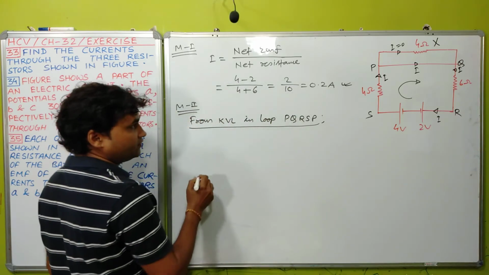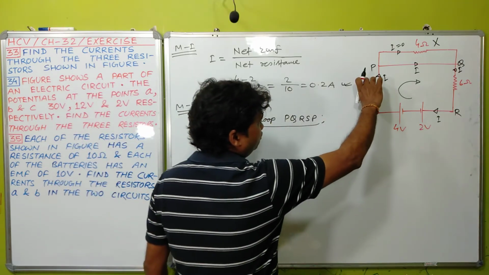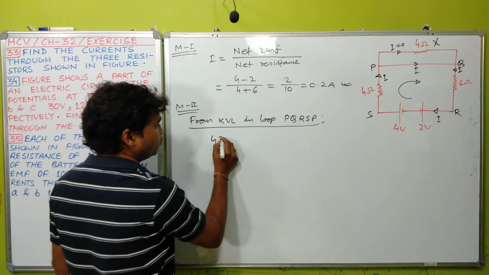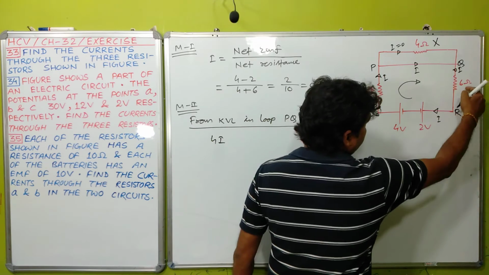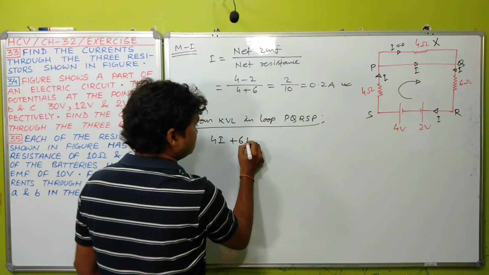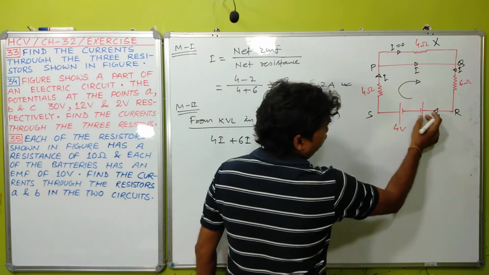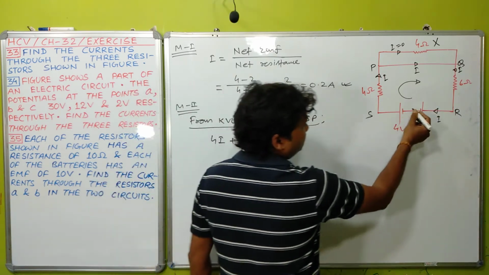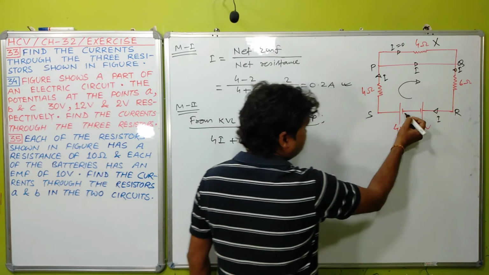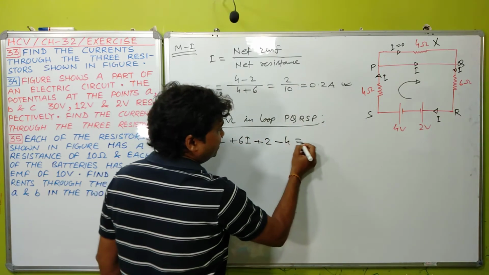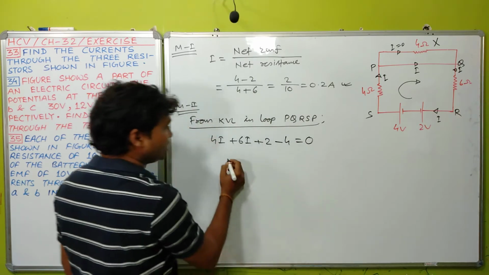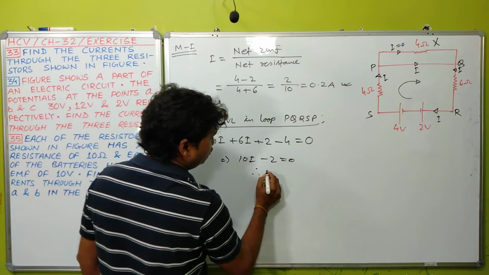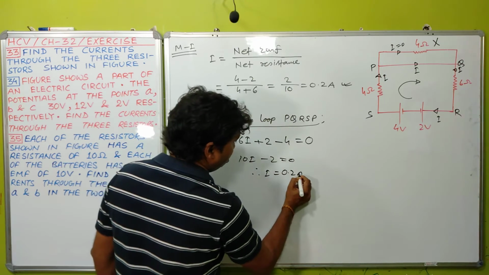The potential difference across the 4 ohm resistance with I current flowing is 4I, plus 6I, plus 2 volt, because we are facing its positive plate so we take a plus sign, and then facing the negative plate so minus 4 equals 0. From here, 10I minus 2 equals 0, and so I equals 0.2 ampere.